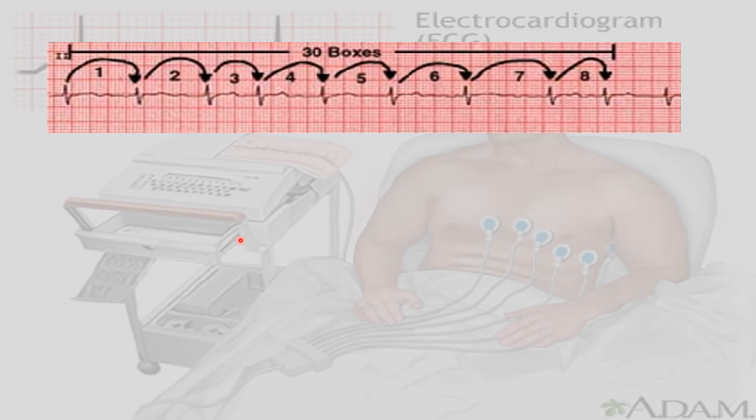Then if you multiply it by 10, it will be in 60 seconds, which is 1 minute. So to calculate heart rate, we have to calculate how many R waves or QRS complexes there are in 6 seconds.